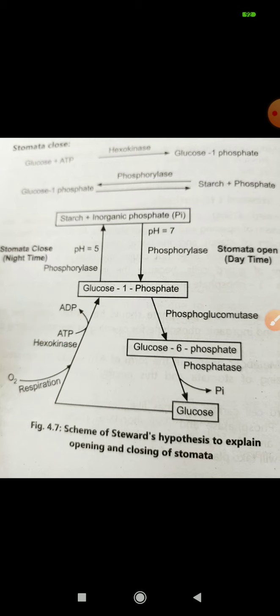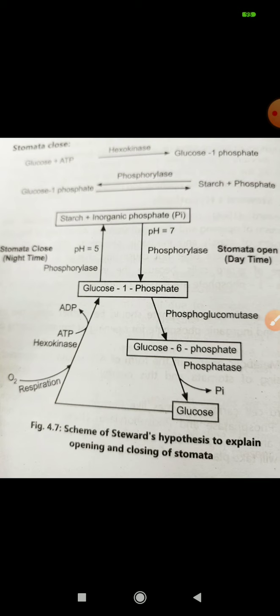But the scientist named Stewart put forth the hypothesis named Stewart's hypothesis in the year 1964, and he is of the opinion that the conversion of starch only up to glucose 1 phosphate is not enough to change the osmotic pressure of the guard cell.